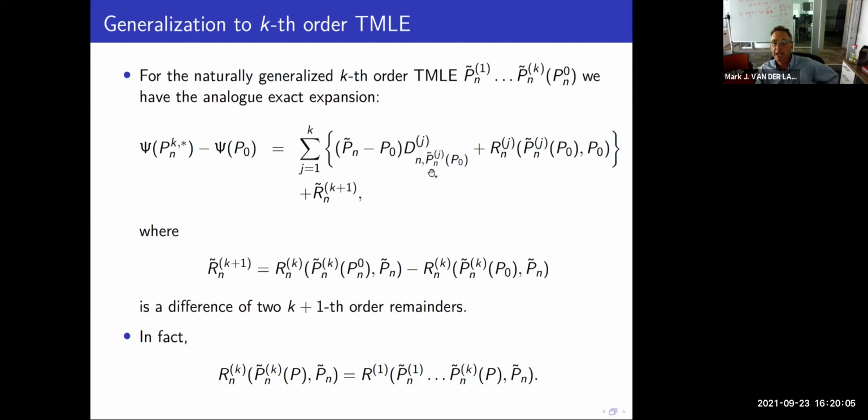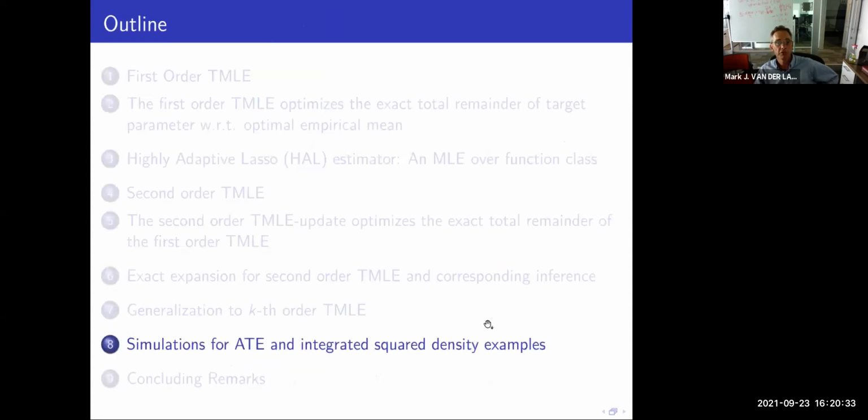The second order is a 1 order difference, and the third order efficient influence curve is actually a second order difference already. So this becomes smaller and smaller as we move up. But nonetheless, you can incorporate them in the inference because this is all one big empirical mean. These are oracle remainders like 1 over n. So all we have left is this remainder, but that one is a k+1 order difference. It's like an integral of some estimate minus p0 to the power k+1. And so that's the generalization for k+1 order.